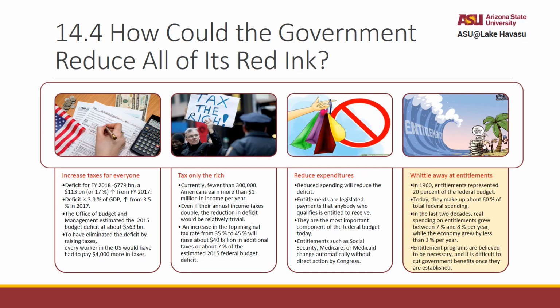Governments have trouble cutting benefit programs once they are established. So if you are offering a new benefit program, you have to continue it. So one must conclude that containing the federal budget deficit is really a very challenging and difficult task.